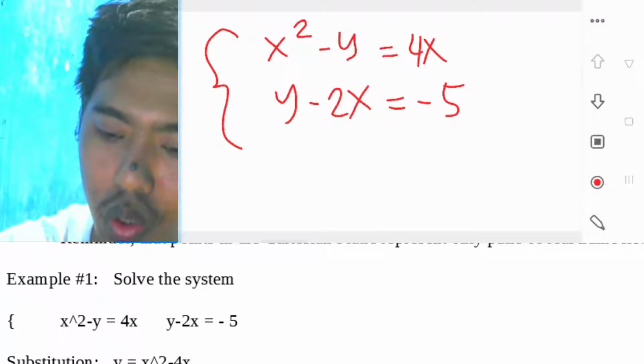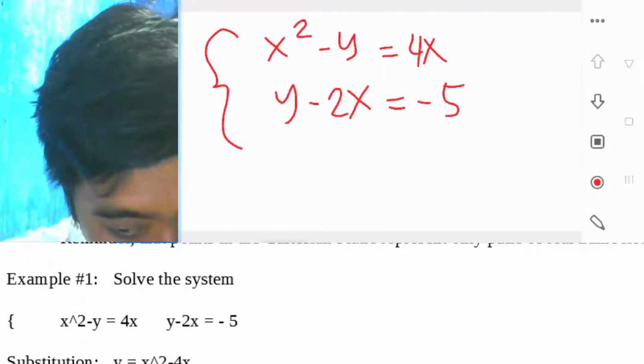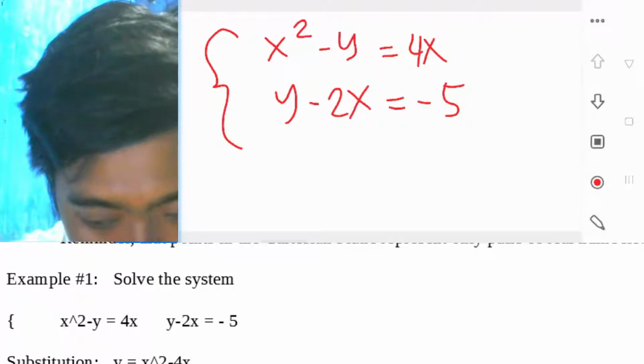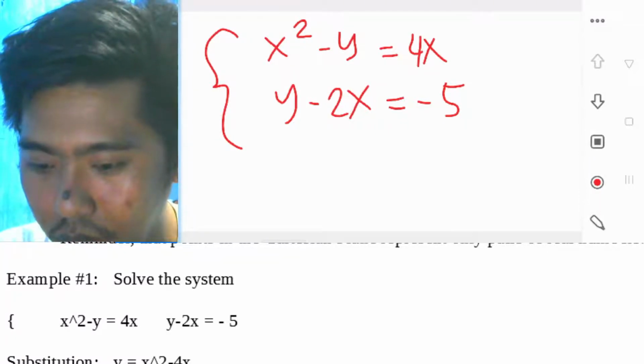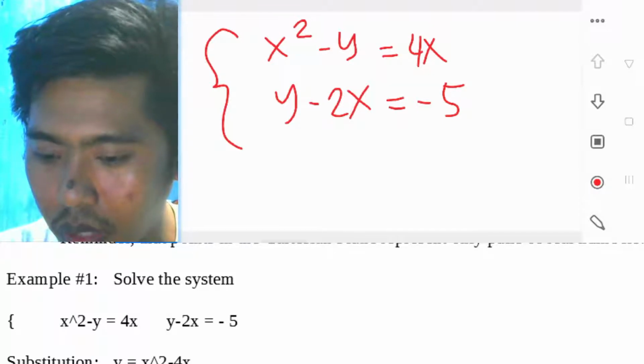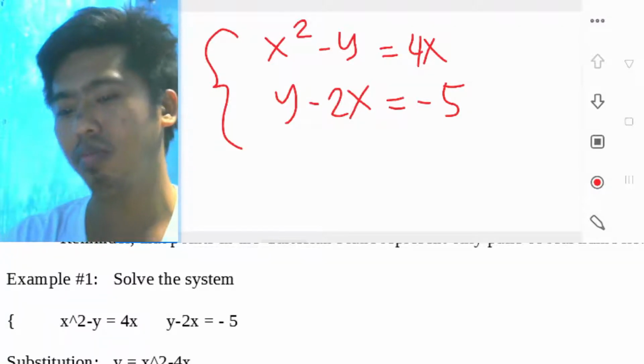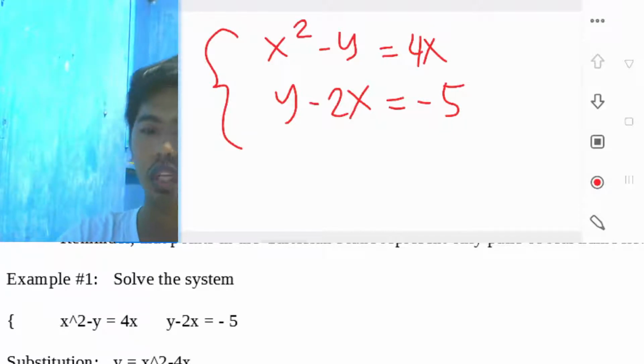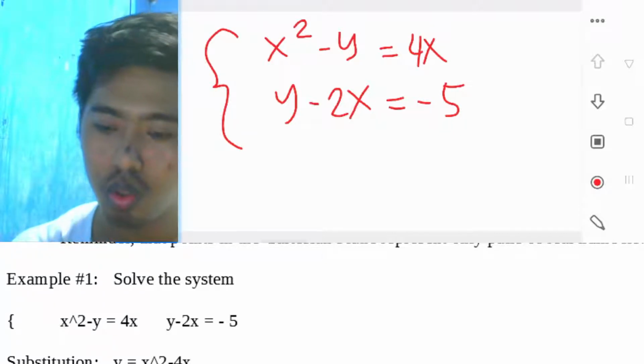Now, you can use either substitution or elimination on this one, since the y in the first one is negative and the y on the bottom is positive, then we can just eliminate directly, or we can also use substitution, right?